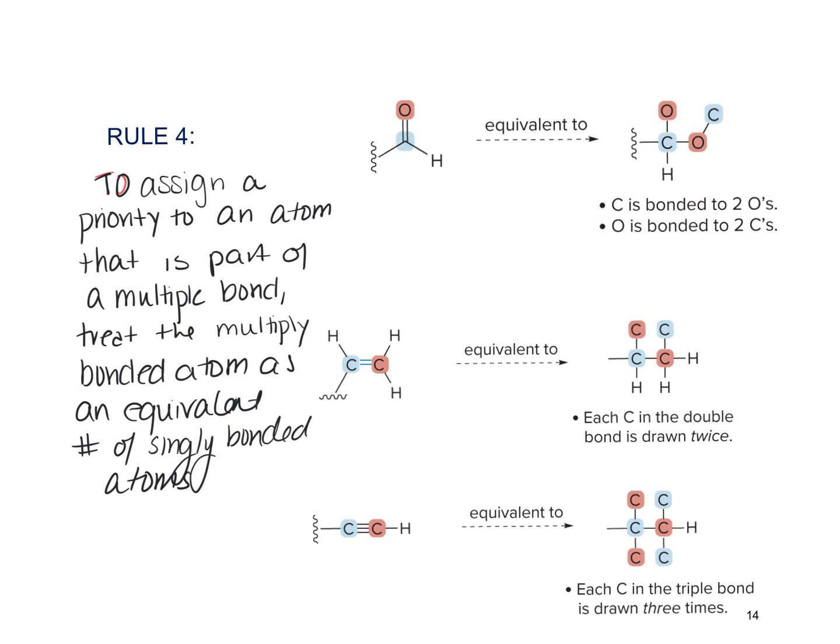For example, here, when we look at the double bonds, it's like this carbon is bonded to carbon twice, and then this one is bonded to carbon twice. Same thing with the triple bonds. It's like this one is bonded to a carbon twice, and then this one is bonded to a carbon twice. So that's how you figure out the equivalence there.